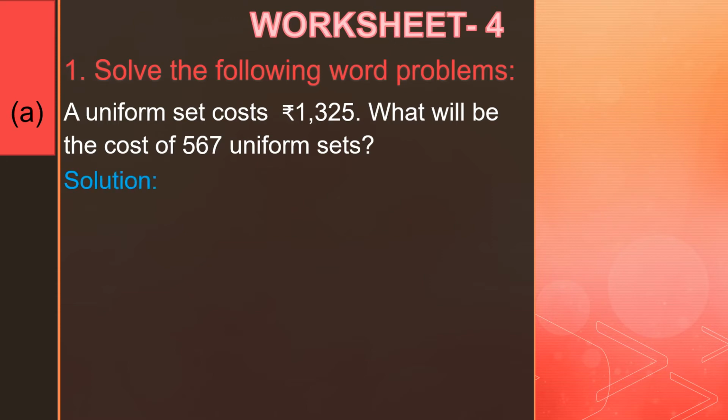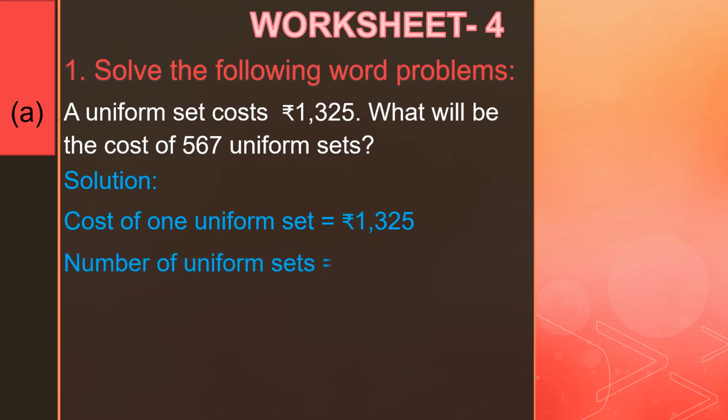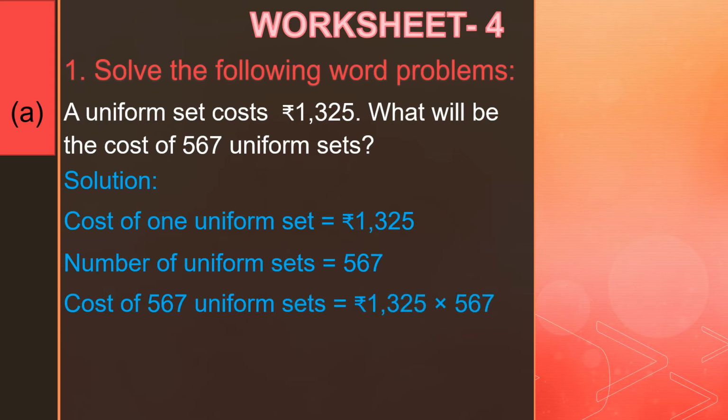So the first statement is cost of one uniform set is equal to rupees 1325, and the second statement is number of uniform sets is equal to 567. So the cost of 567 uniform sets is equal to rupees 1325 multiplied by 567. Everyone knows the multiplication?